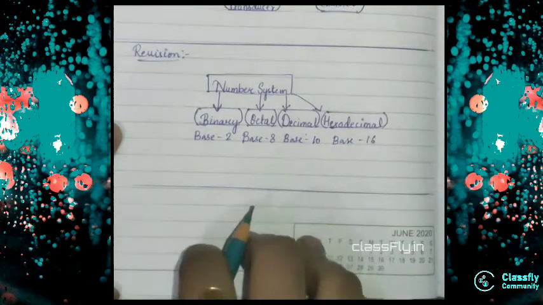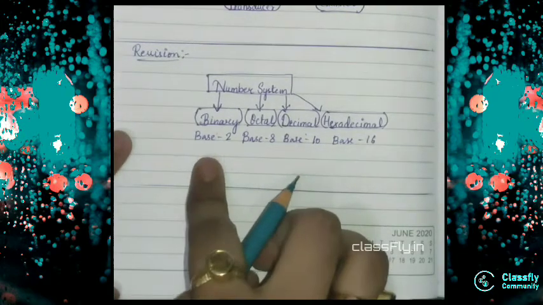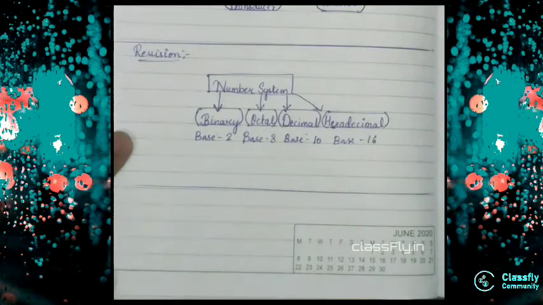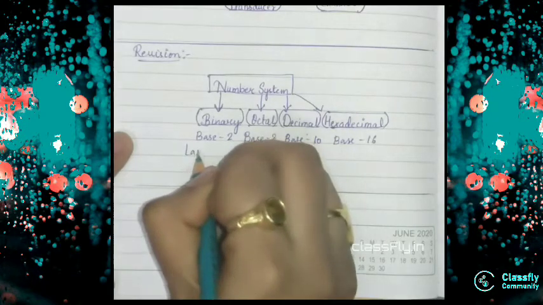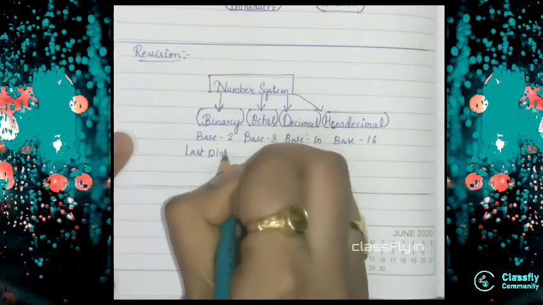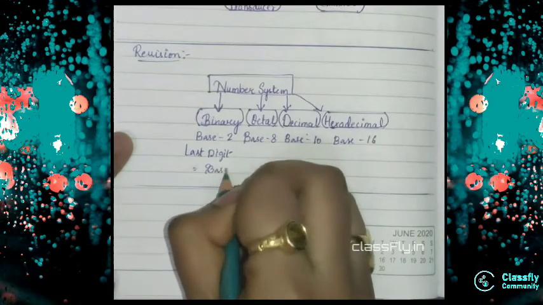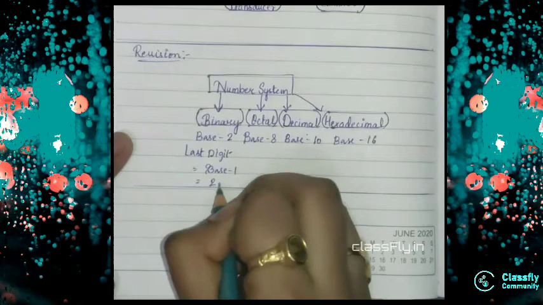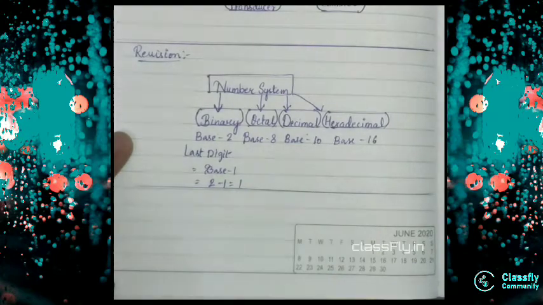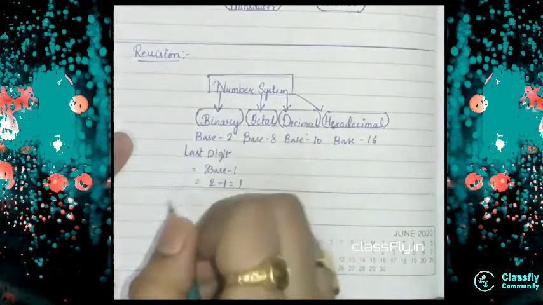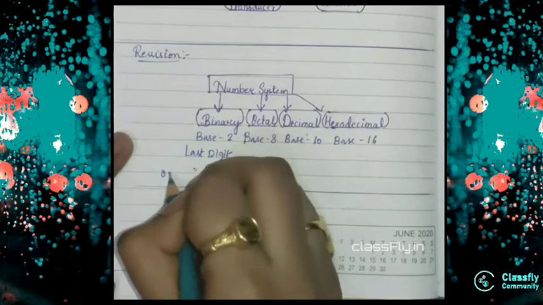Perfect. Now, what will the last digit be for binary? The last digit is the base minus 1. So for binary the digits will be 0 and 1.